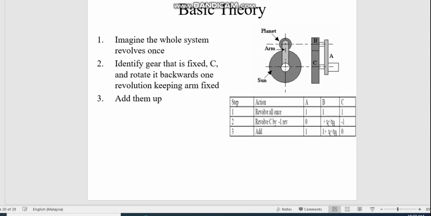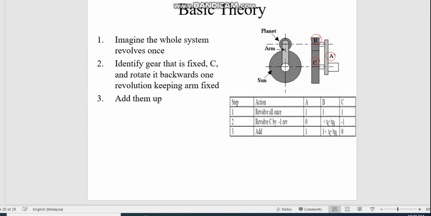So let's look at the application of this basic theory on a very simple system where you have a sun gear, arm, and a planet gear. Usually what you do is name the individual gears. For this particular case, the sun gear is C, the planet gear is B, and the arm is A, right?